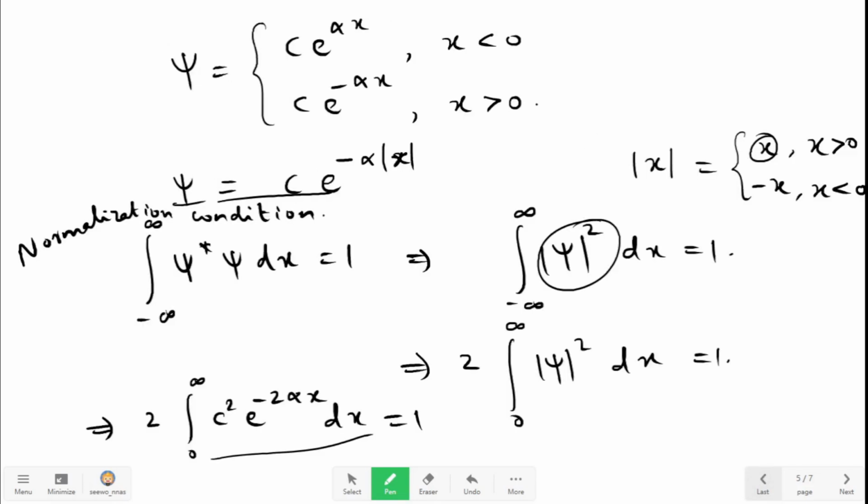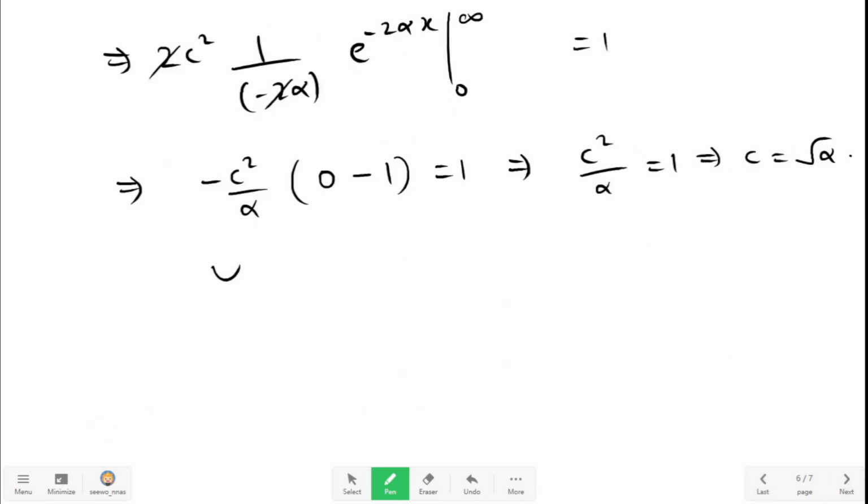So when you substitute this back into the wave function, we will get psi is equal to root alpha e raised to minus alpha modulus of x.